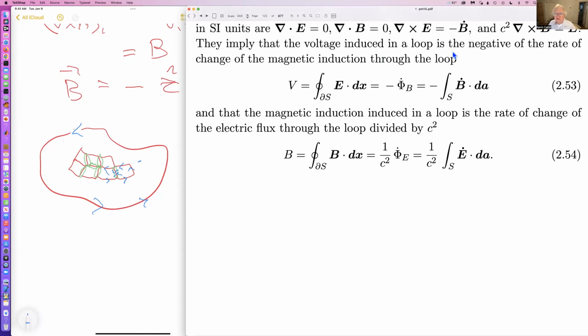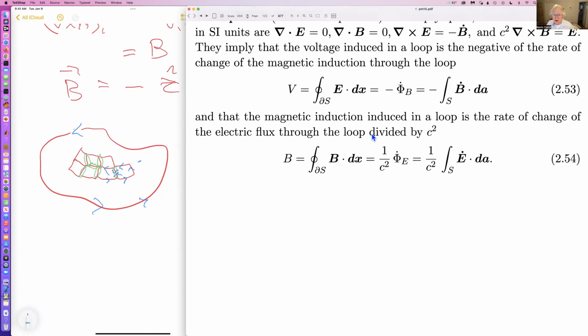And they imply the voltage induced in a loop, the integral of E dot dx, is minus B dot integrated over the area. In other words, it's the curl of E over the area. I should have added del cross E into that equation.